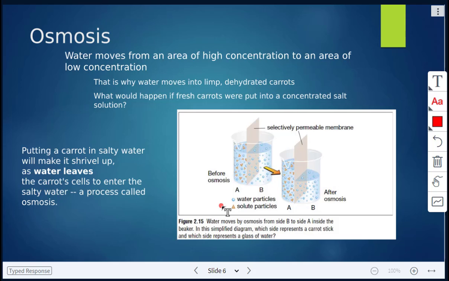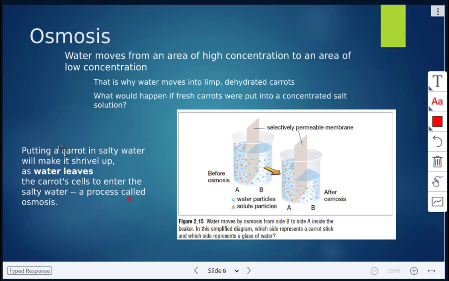This is before osmosis, and after osmosis, we can see the water level has decreased on side B. The water level has increased on side A because water moved from side B to side A by osmosis, because water is going to move towards the higher solute concentration.